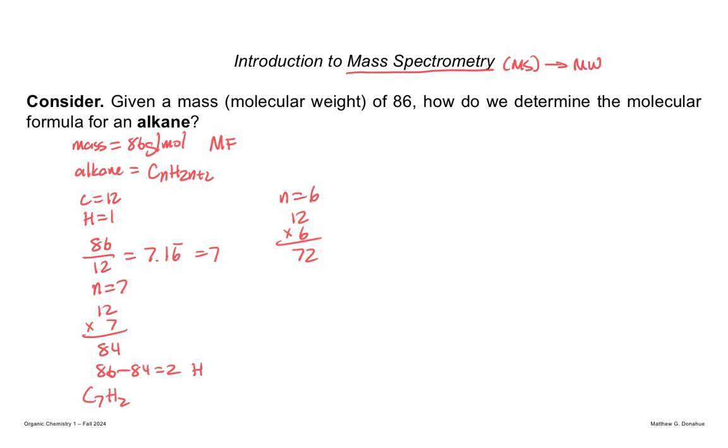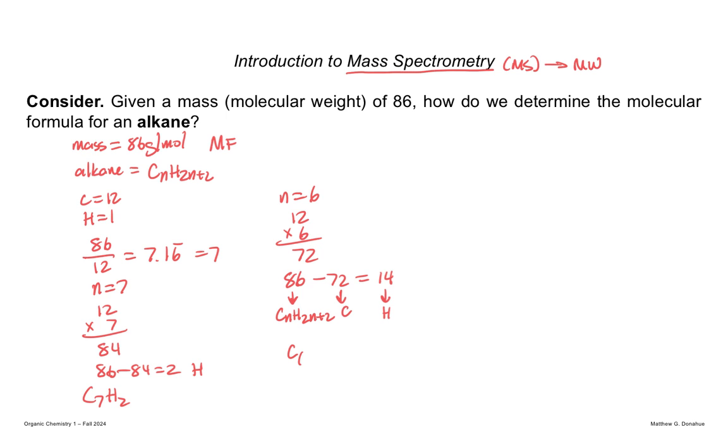And we take 86, that's the total. So remember, what that's telling you is CnH2n plus 2. We're going to subtract 72. That's the carbon contribution. And then from that, we get 14. That's the H contribution.